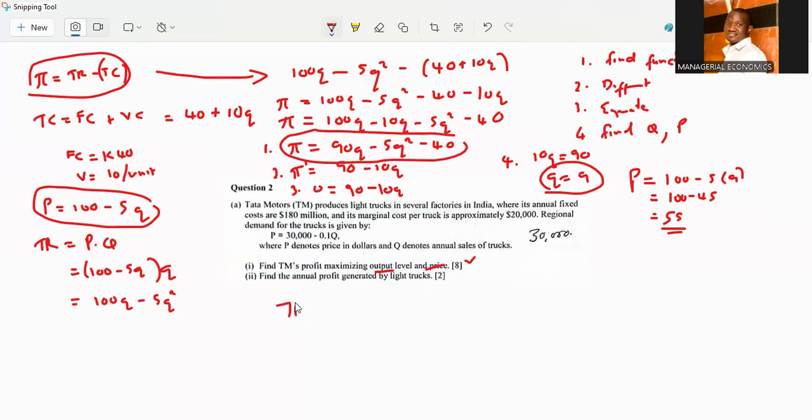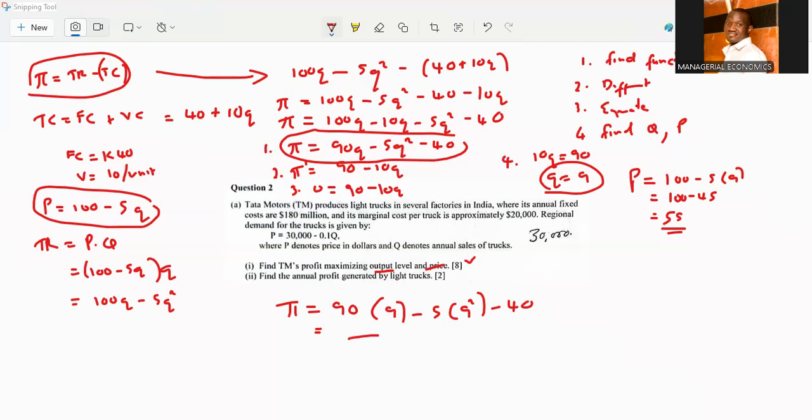So we're simply going to say 90Q, where there's Q, you put 9, minus 5Q squared, where there's Q, we put 9, minus 40. Then you evaluate and find the answer. So this is how we solve questions of such a nature. You need to follow those steps we've talked about.